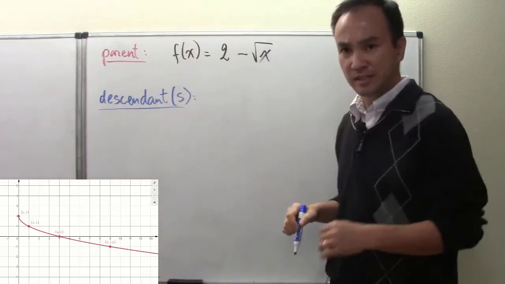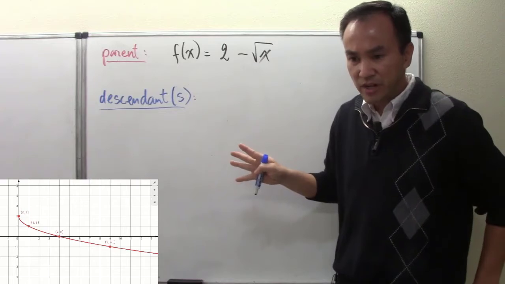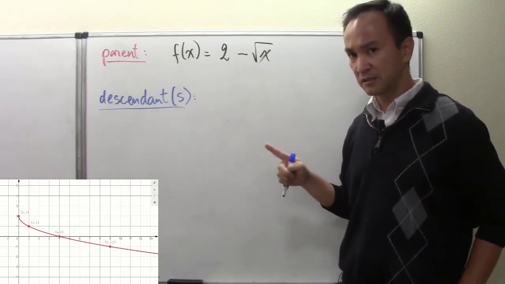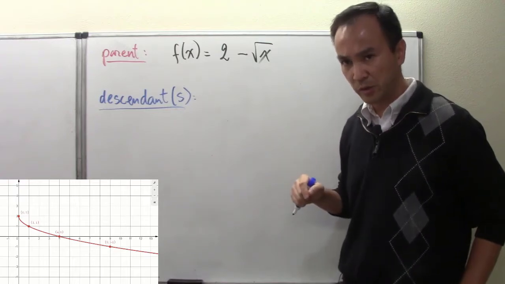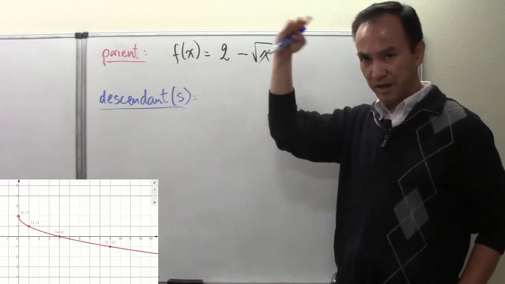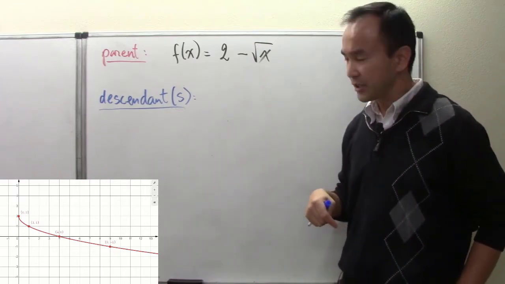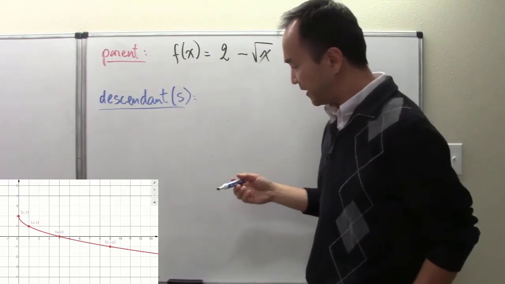It's the same idea that we have learned throughout the previous discussions on the different elementary transformations. We always have a parent, and from the parents we have the descendant functions. Let's look at the first descendant right here.